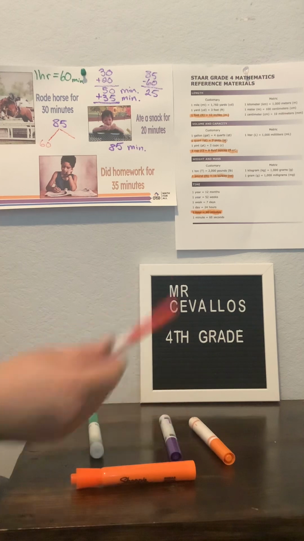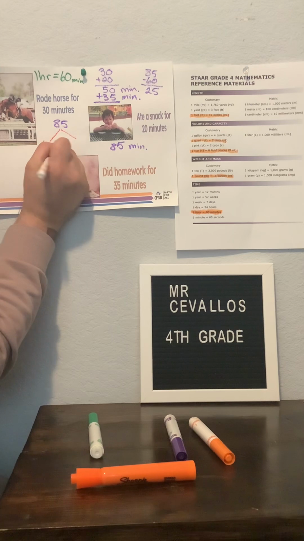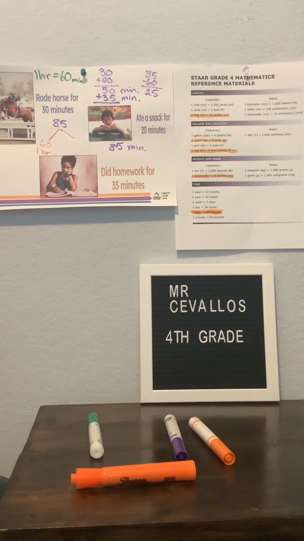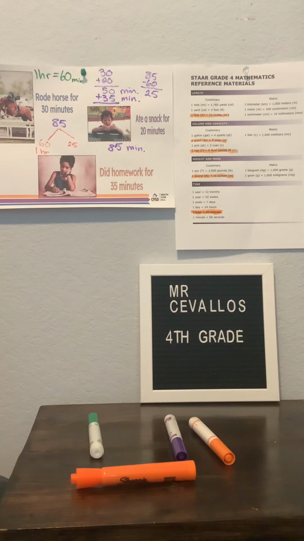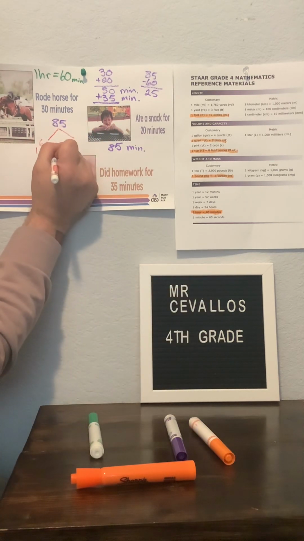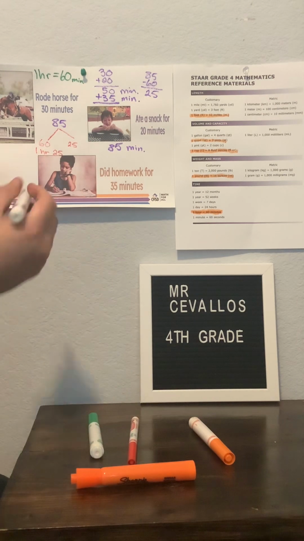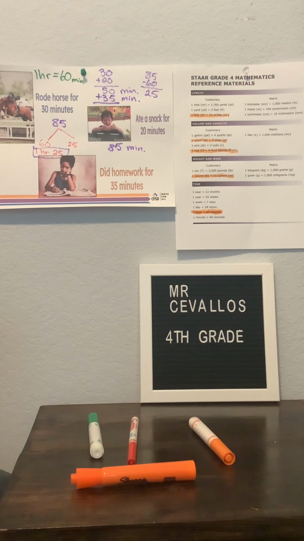So if I pull 60 minutes, which is the equivalent of 1 hour, and I am left with the difference of 85 and 60, which is 25 minutes, then, having done the horseback riding and the food eating and the homework, you will have worked for 1 hour and 25 minutes.